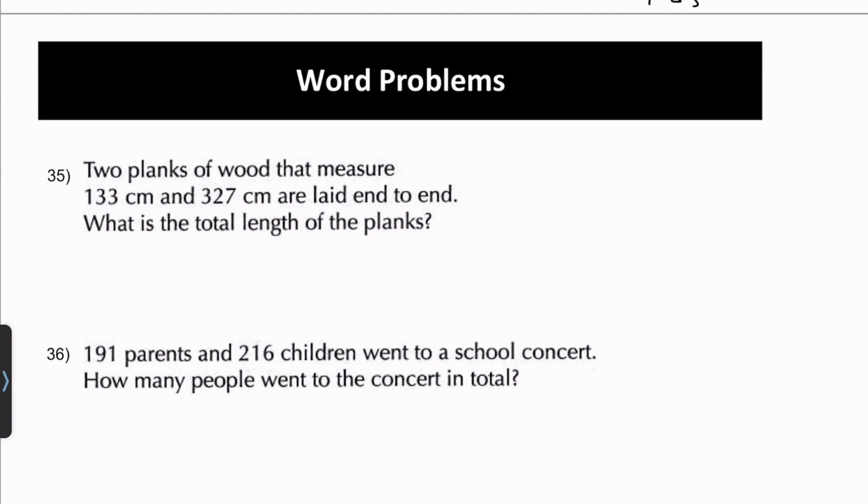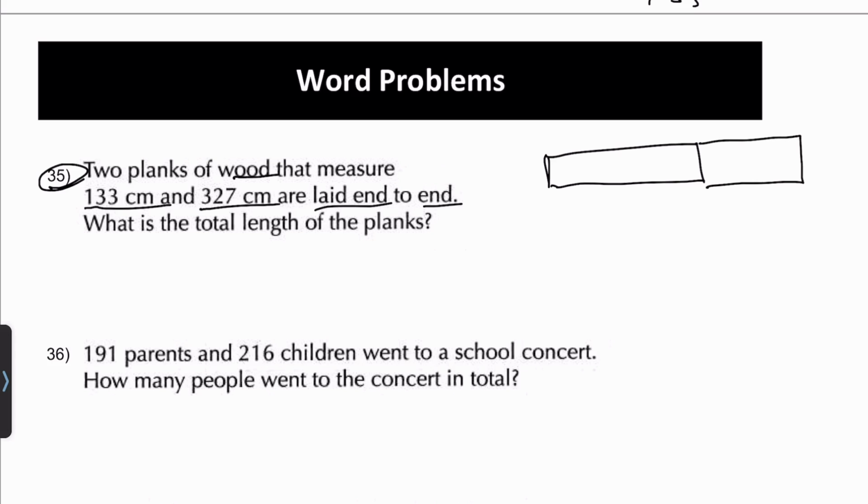Now, let's move on. So question 35. 2 planks of wood measure 133 centimeters and 327 centimeters, laid end to end. So, imagine the wood. This one is 133 centimeters.